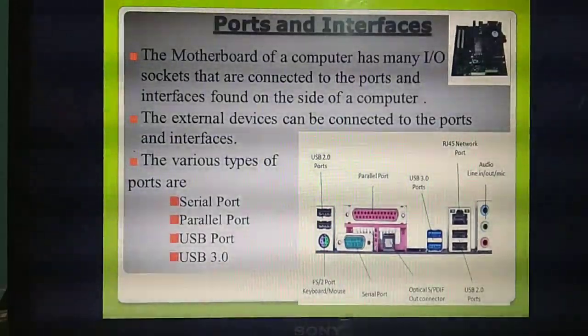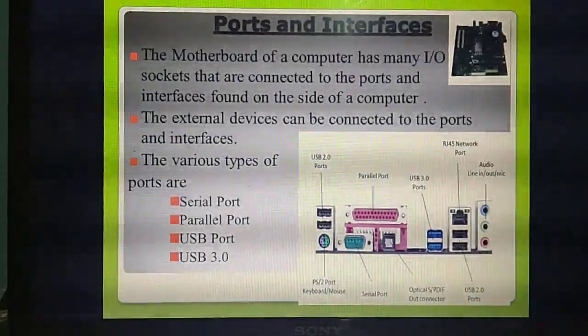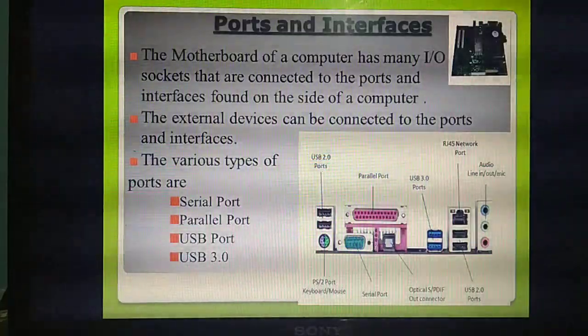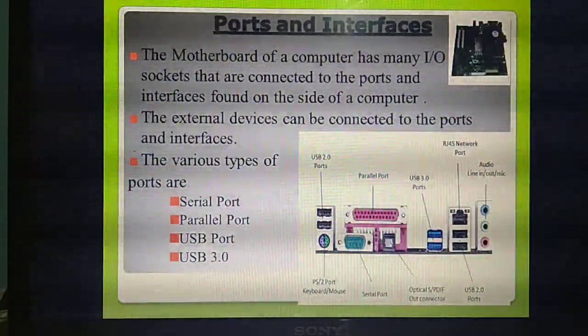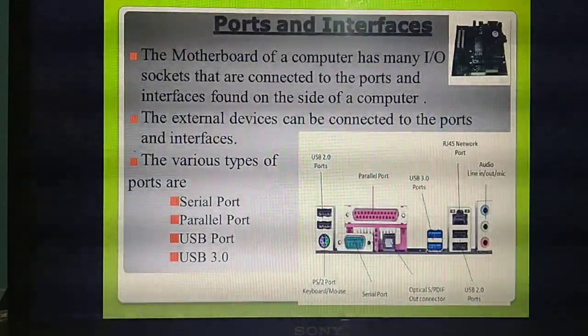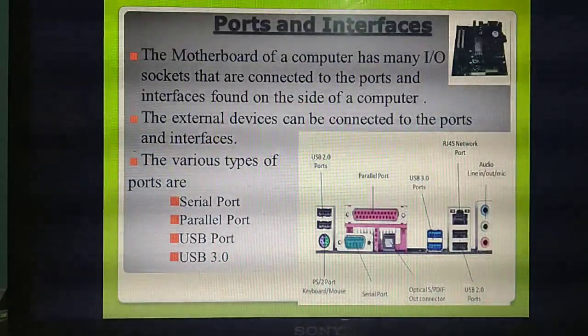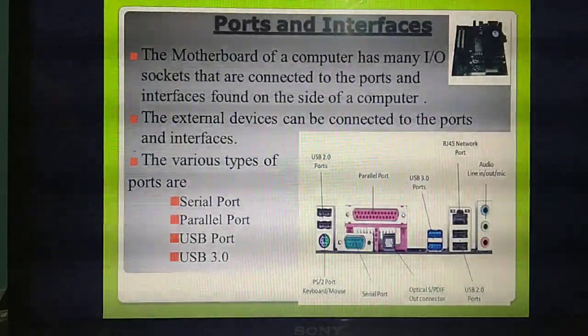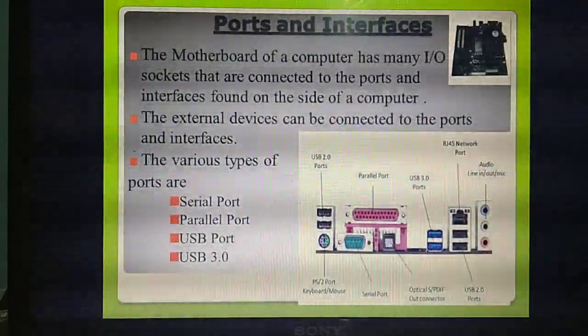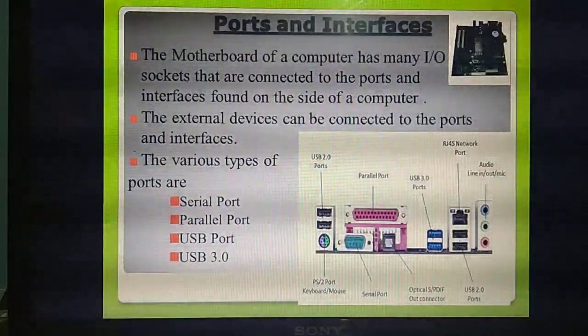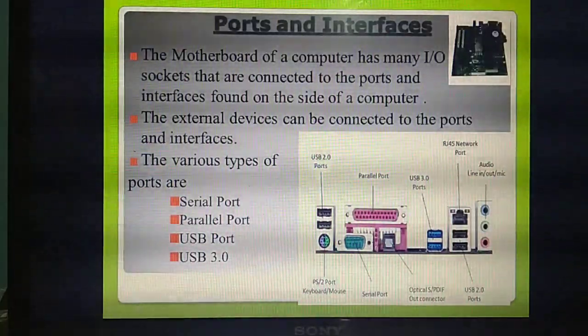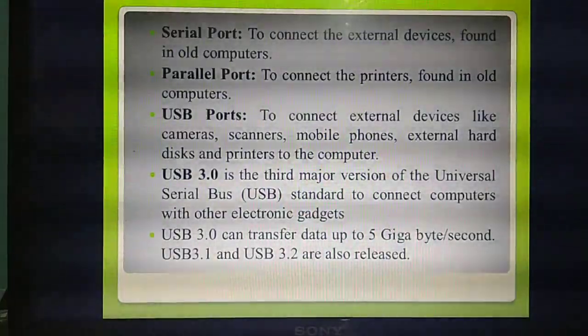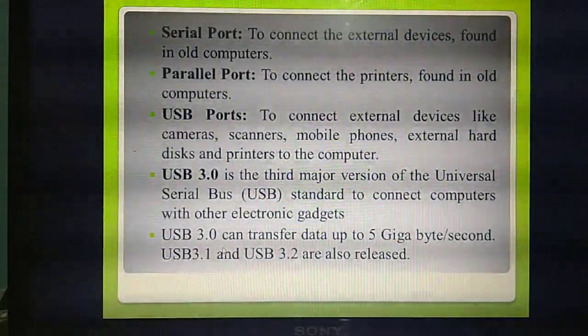Understand? Yes. So the next thing is the USB 3.0 port. This is one of the important ports, the USB 3.0 port. Other electronic gadgets, some other cameras or new things you need to connect. This is called Universal Serial Bus.